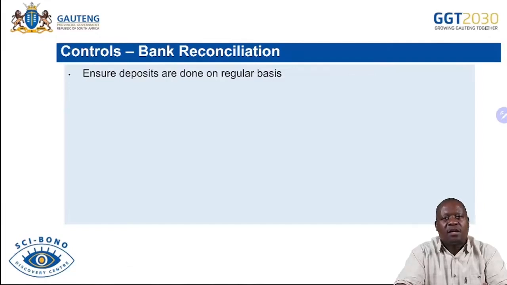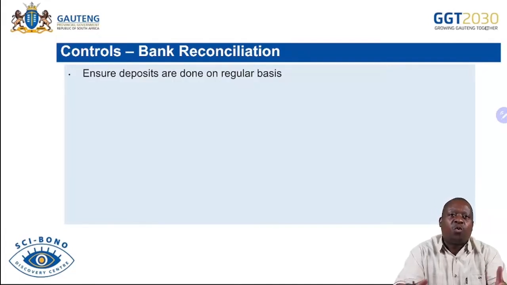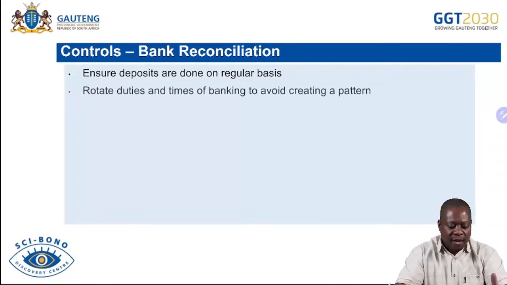We should not forget that human beings are dishonest. And when they see money lying around, they are bound to want to take a little bit of it. So make sure cash is always banked, taken to the bank. The business should have very limited amounts of cash.